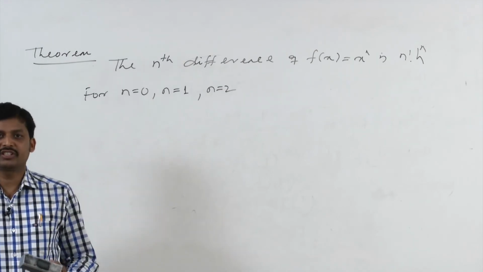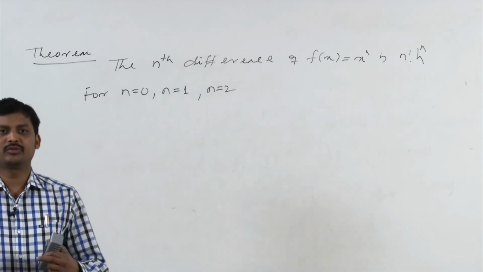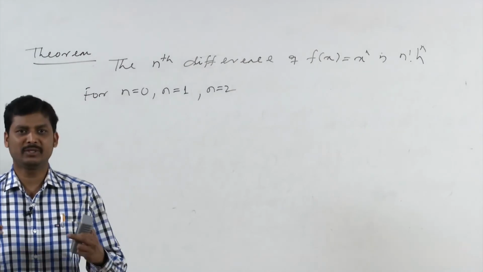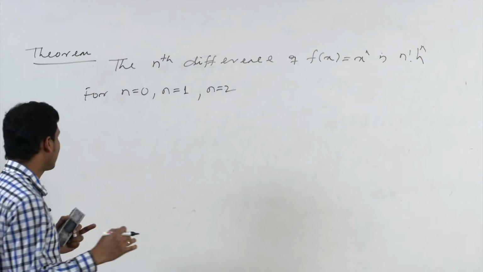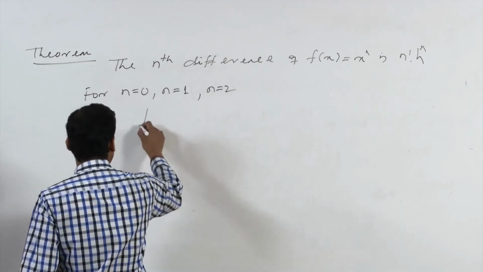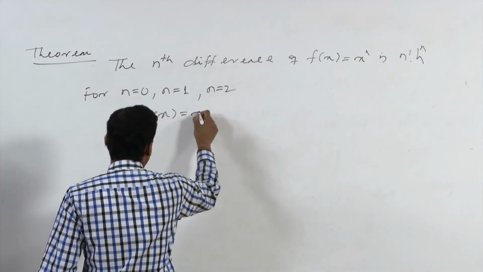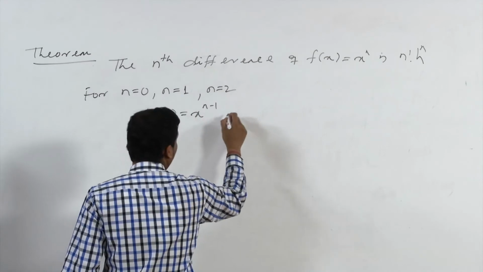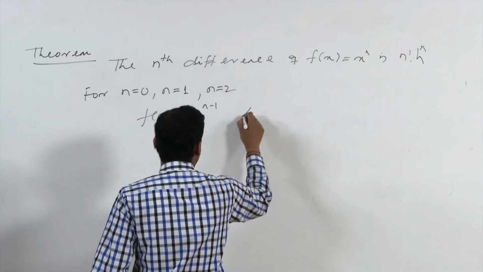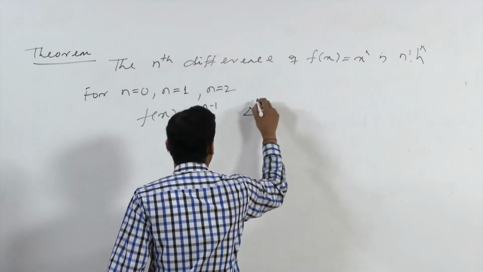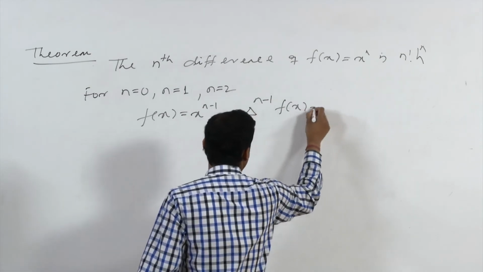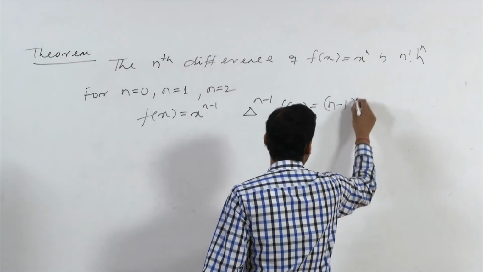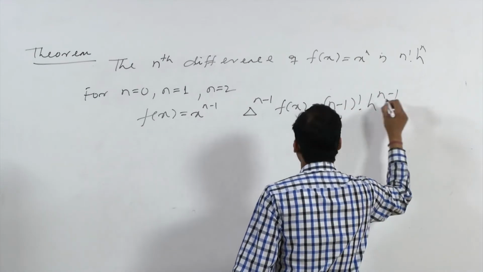So, if we assume that this theorem is true up to n minus 1, this means 0, 1, 2 up to n minus 1, then if f of x equals x to the power n minus 1, delta to the power n minus 1 of f of x can be written as n minus 1 factorial h to the power n minus 1 here.